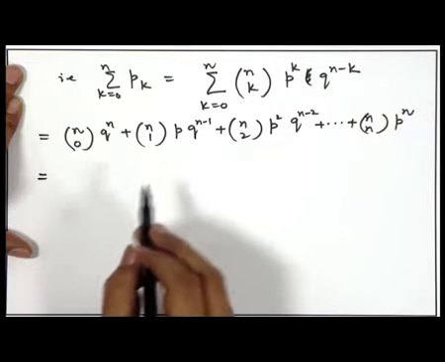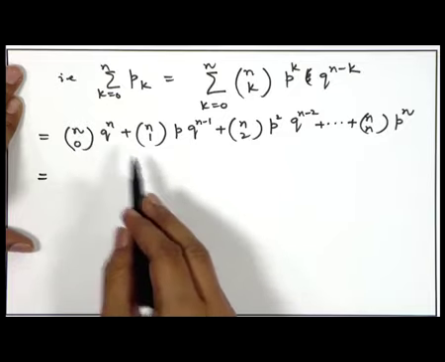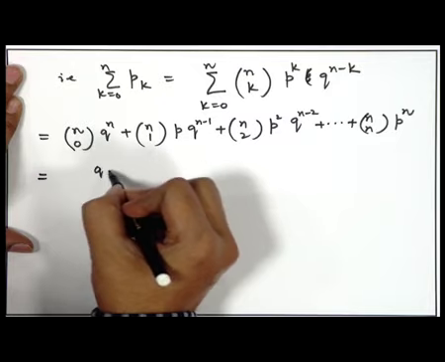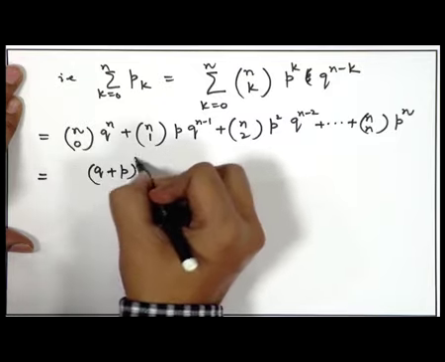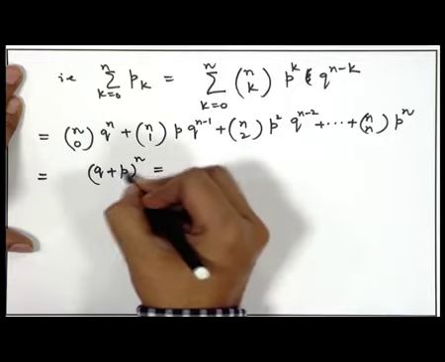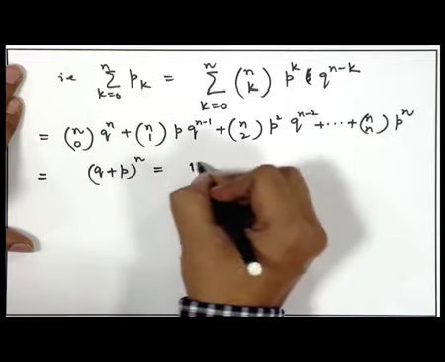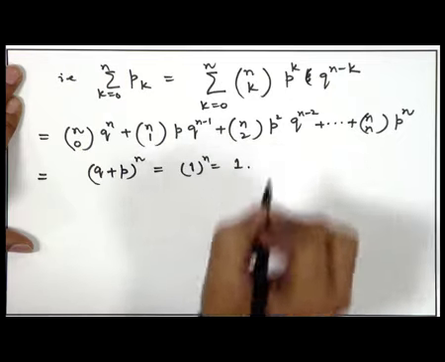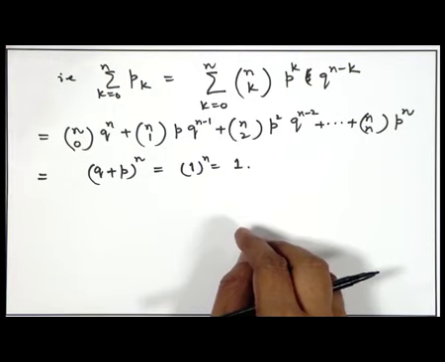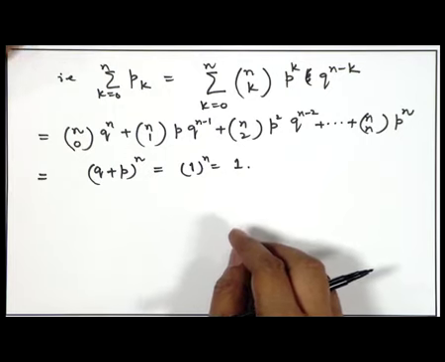If you remember your binomial theorem, this is nothing but the expansion of q plus p to the power n. Now, q is 1 minus p, so q plus p is 1. So, it is 1 to the power n, that is equal to 1. So, the sum of all the probabilities is 1 and all the probabilities are non-negative. Therefore, this is a valid assignment of the probabilities.